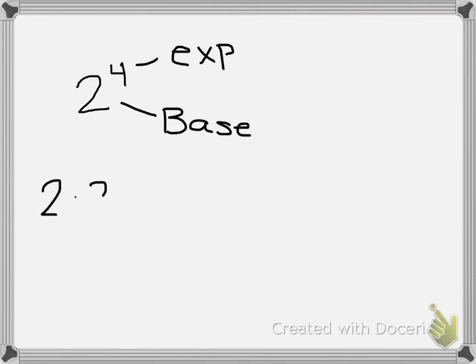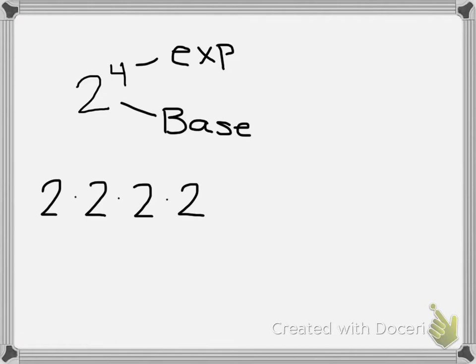So let's start. 2 is our base and 4 is our exponent, which I'm going to abbreviate as EXP. This means that I'm multiplying 2, our base, 4 times: 2 times 2 times 2 times 2.